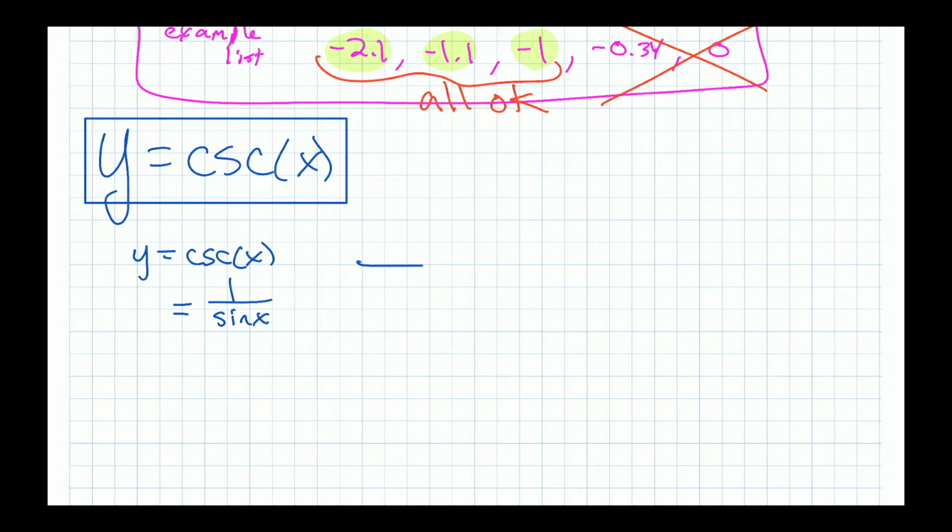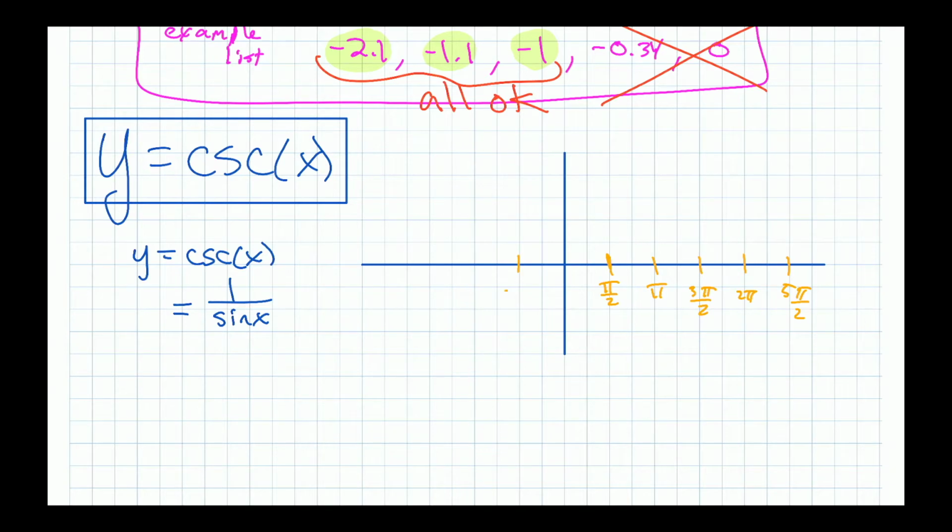So that means if I draw my graph here, I'm going to put kind of the same values on here. I want to put them kind of light, maybe. Pi over 2, pi, 3 pi over 2, 2 pi, 5 pi over 2, that was enough, right?